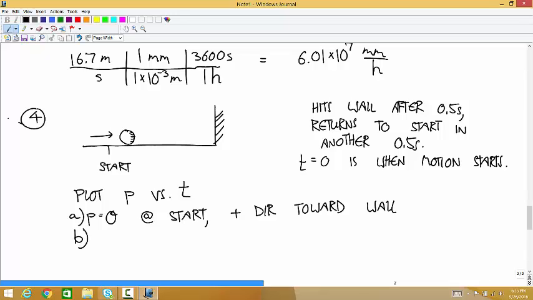And then second, with the 0 position at the starting point, and the positive direction away from the wall.